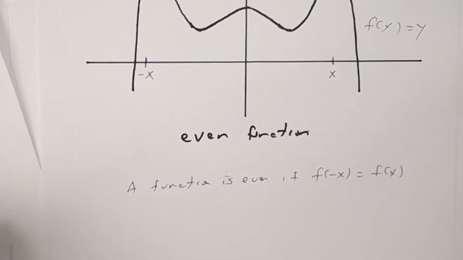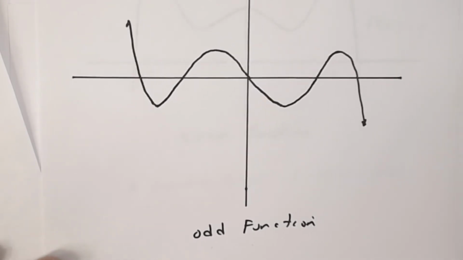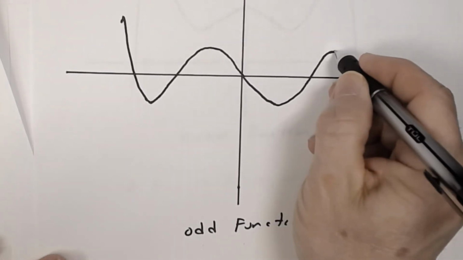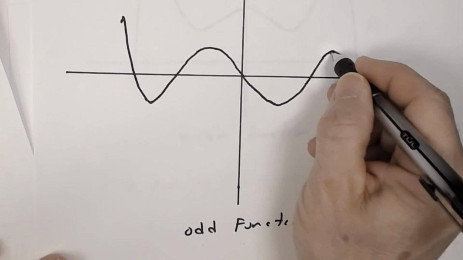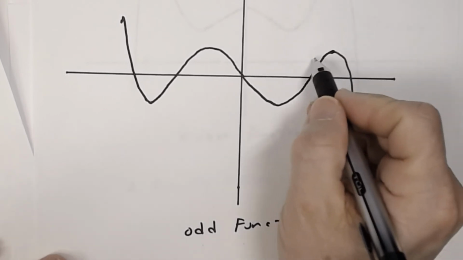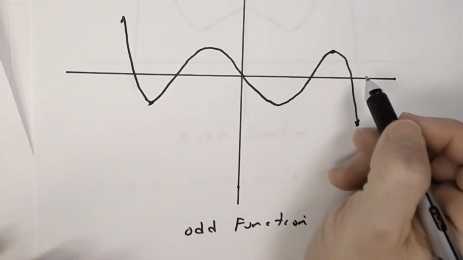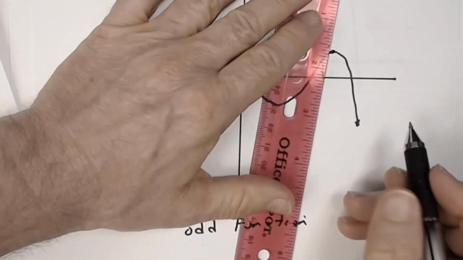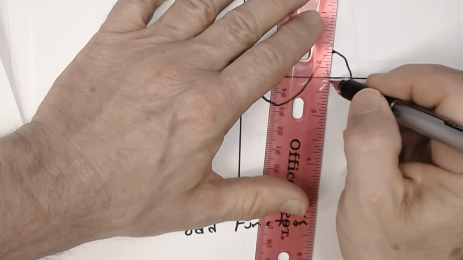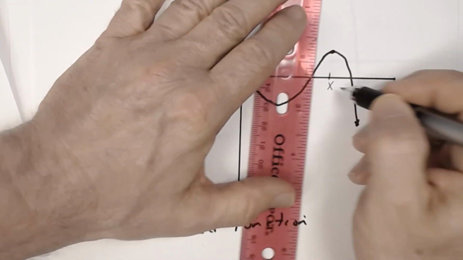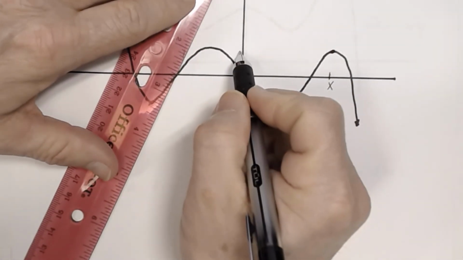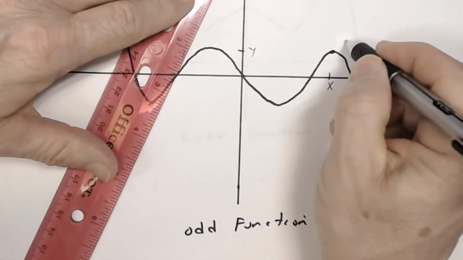All right, now let's look at an odd function. So this is an odd function right here. Now remember when we talked about an odd function. If I take this point here, reflected about the origin, I'm going to get this point here. Y'all agree? And remember, if I call this x and this y, then that's the point x, y.